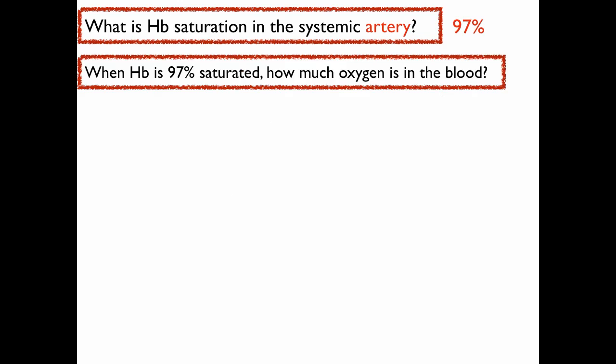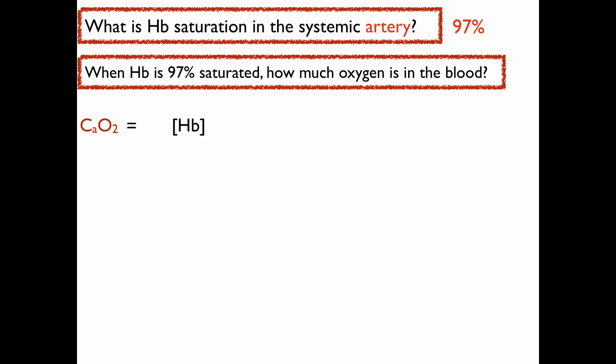So knowing that hemoglobin is 97% saturated, we want to find out how much oxygen is in the blood. And to do this, we're going to use a formula. That is, the concentration or content, C, in the artery, and this is referring to the systemic arteries, of oxygen, is going to be equal to the concentration of hemoglobin.